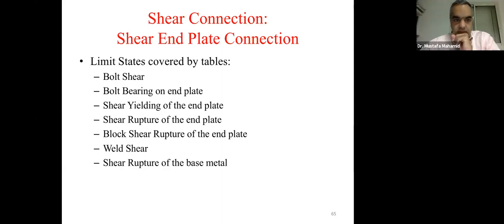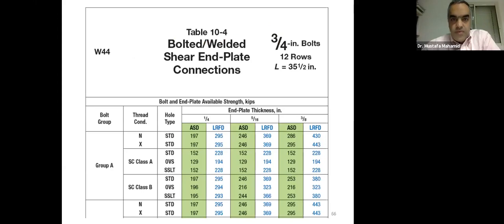And what's covered by the table is bolt shear, bolt bearing on end plate, shear yielding of the end plate, shear rupture of the end plate, block shear rupture of the end plate, weld shear, and shear rupture of the base metal due to welding. So we have table 10-4, the bolted, welded shear end plate connection.